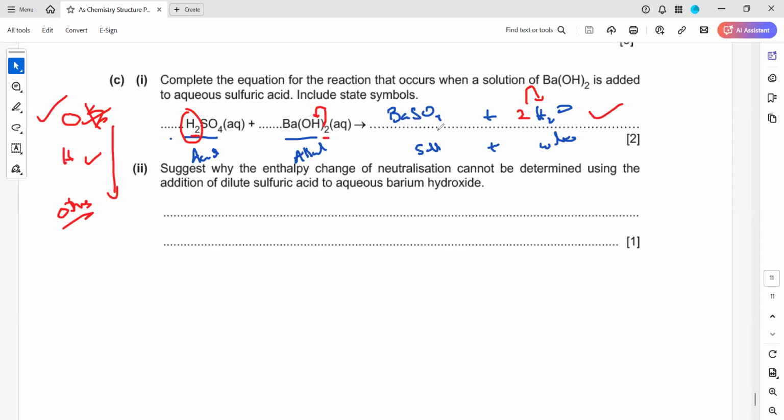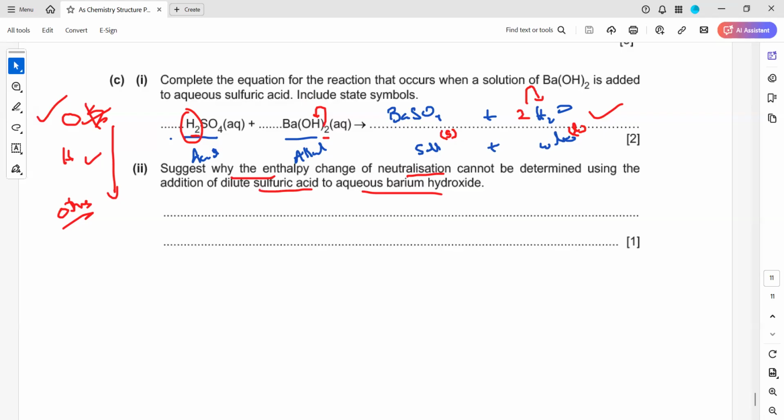What about state symbols? Most sulfates are soluble except barium, calcium and lead. So this is solid and water is a liquid. Suggest why the enthalpy change of neutralization cannot be determined using the addition of dilute sulfuric acid to barium hydroxide.